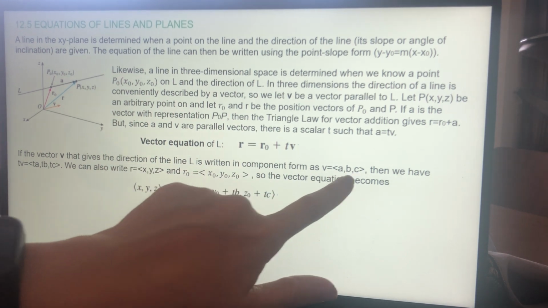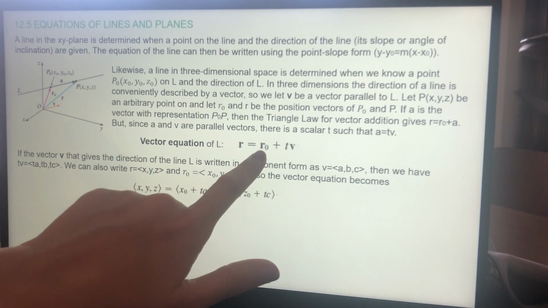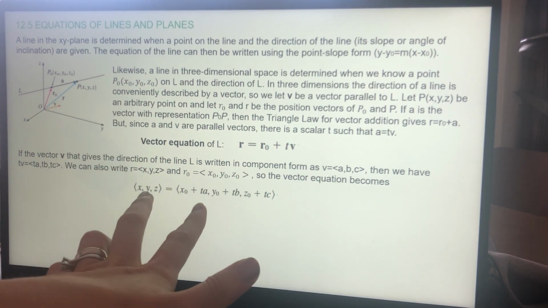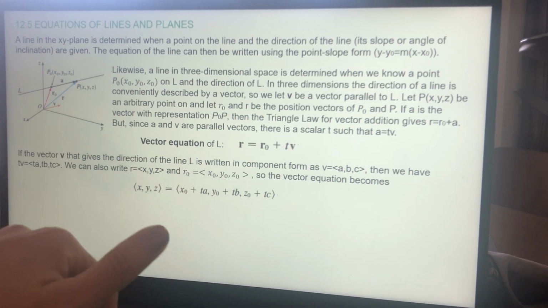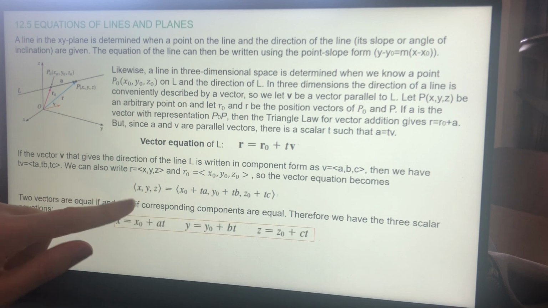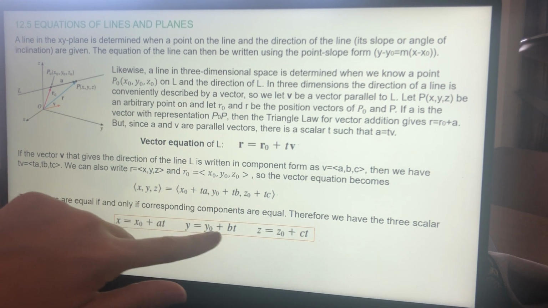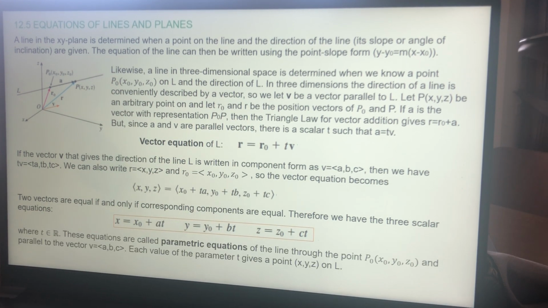V is a, b, c, so at, bt, ct is coming from tv. Once you add it to r0, this is what you will get. If two vectors are equal, their corresponding components should be equal to each other. From there, we can say that x equals x0 plus at, y equals y0 plus bt, z equals z0 plus ct, right? This is the parametric equation of a line.